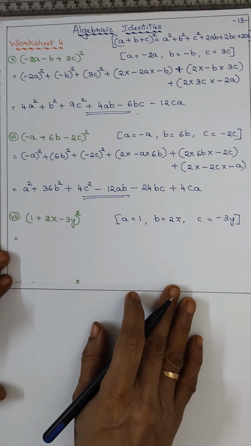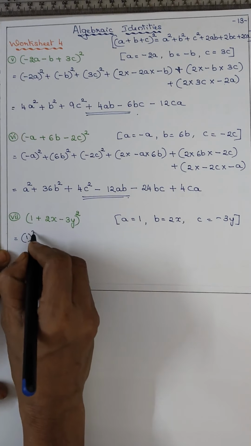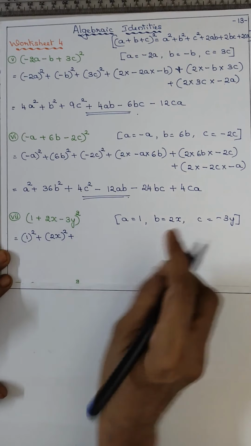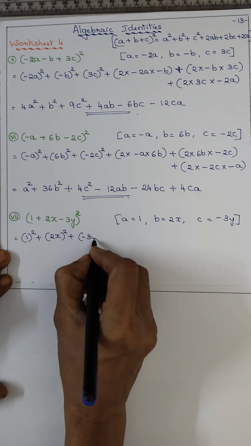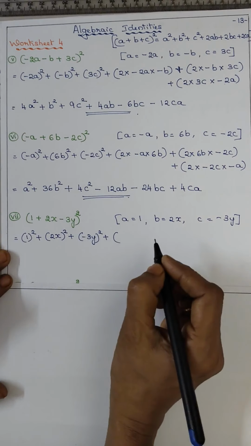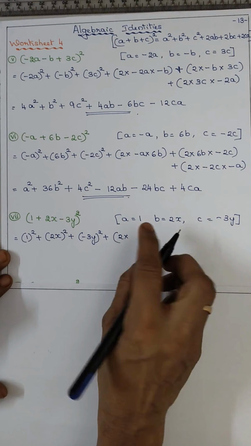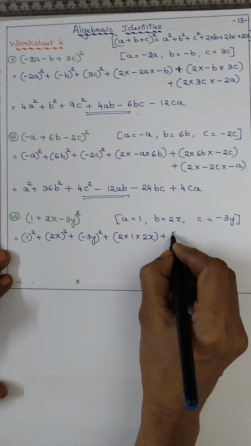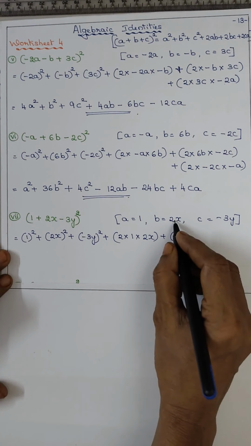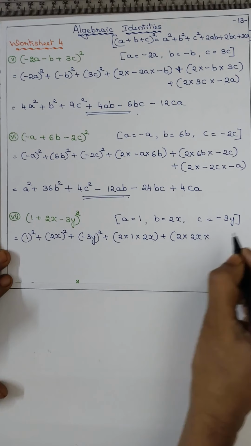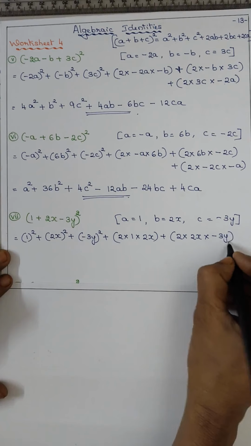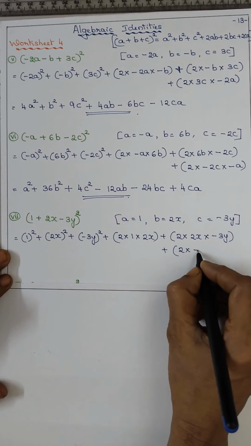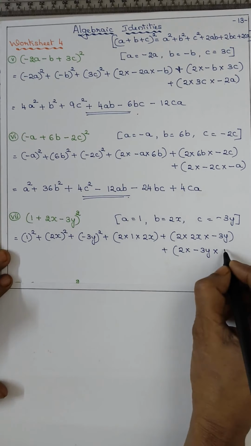Now a square is 1 square, b square is (2x) the whole square, c square is (minus 3y) the whole square, 2ab, 2, a is 1, b is 2x, plus 2bc, 2 into b is 2x, c is minus 3y, plus 2ca, 2, c is minus 3y, a is 1.